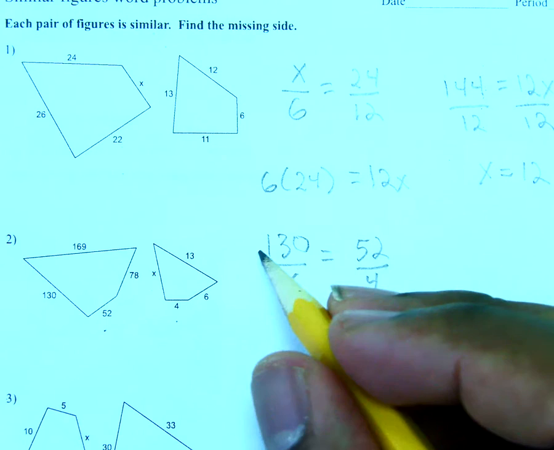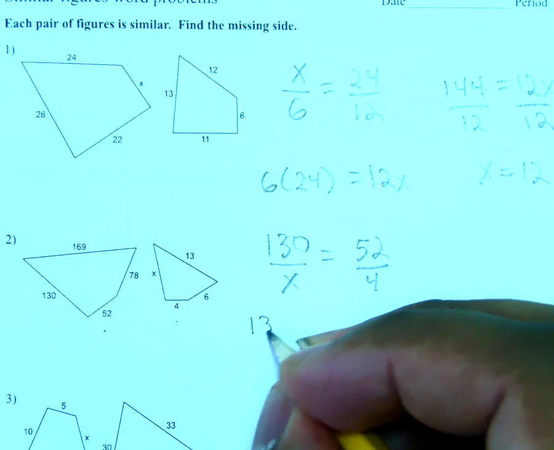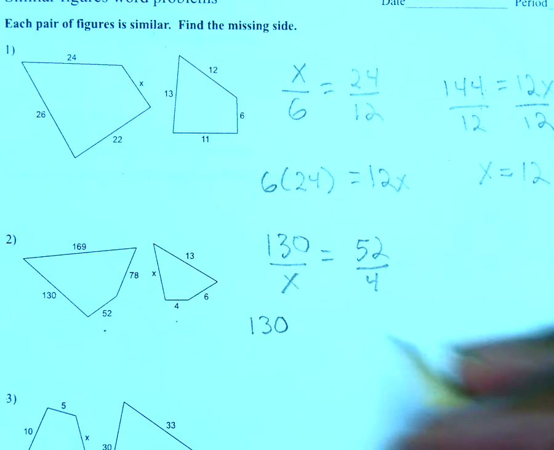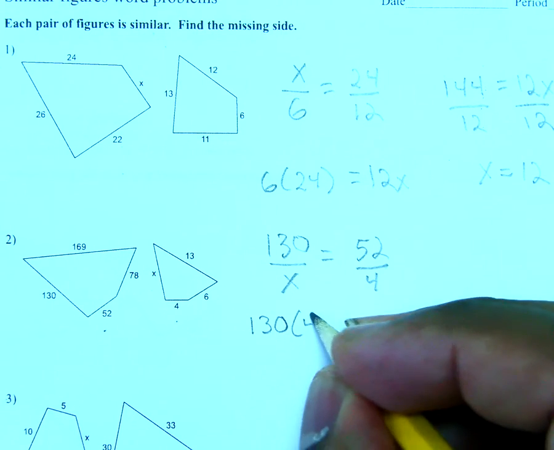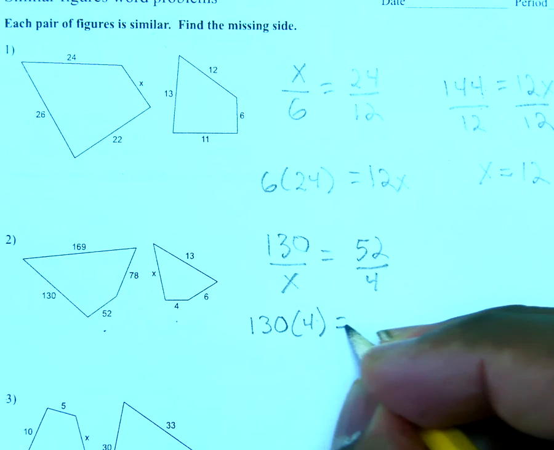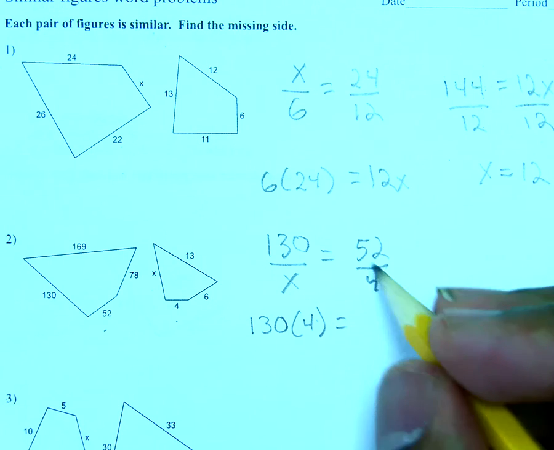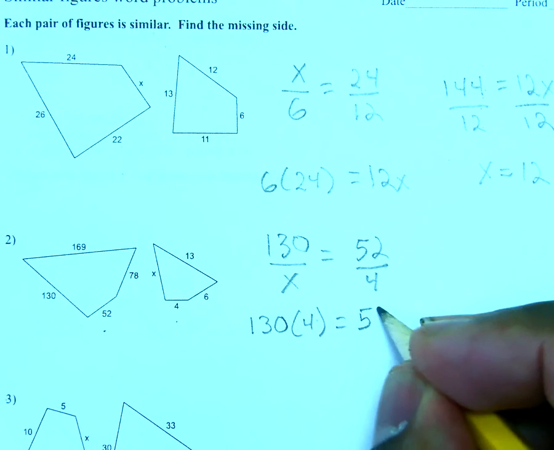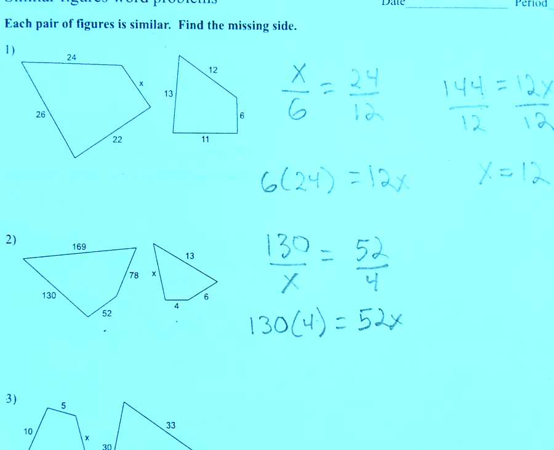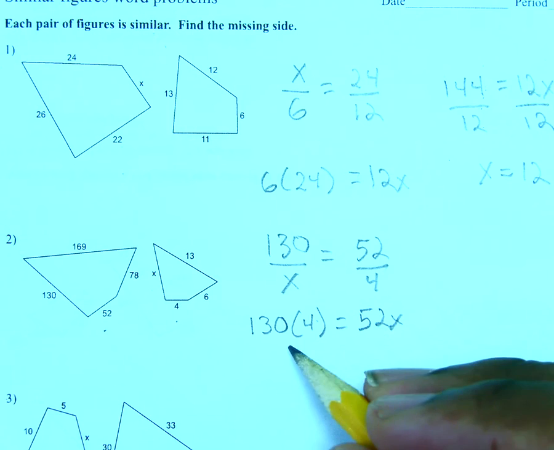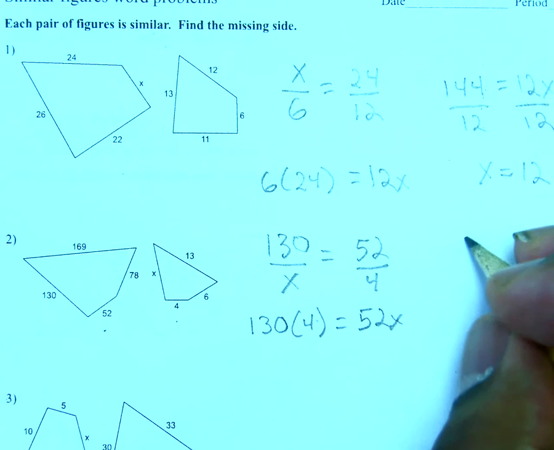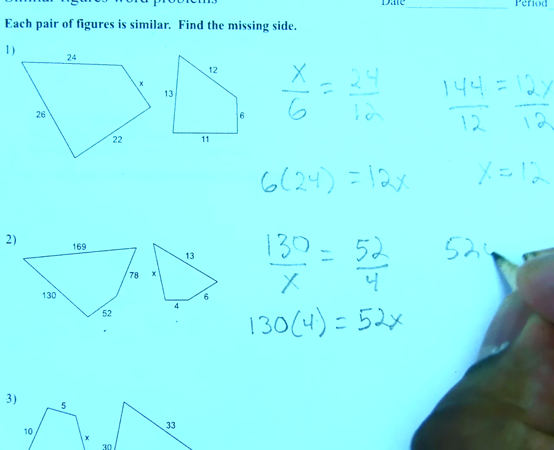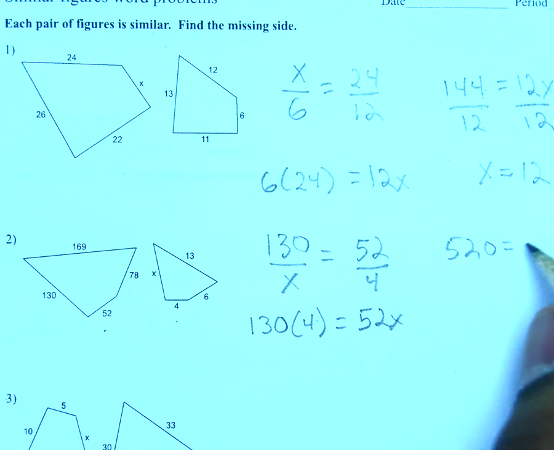So again, we cross multiply. We get 130 times 4 is equal to 52x. 130 times 4 is going to be 520, equal to 52x.